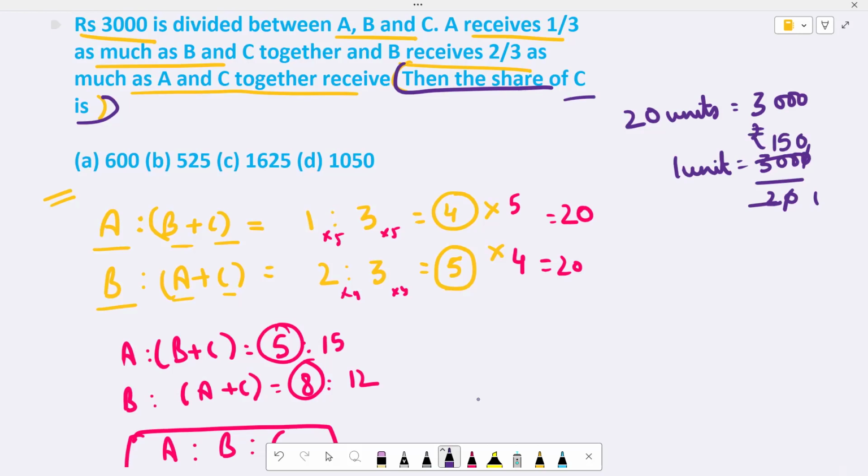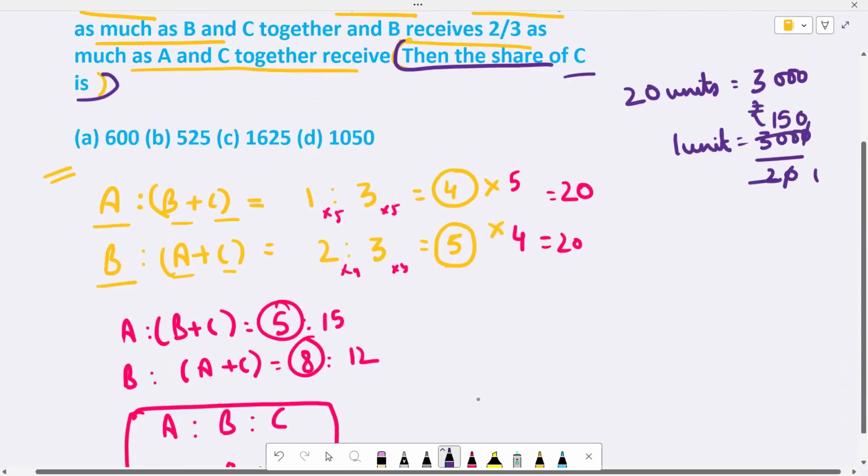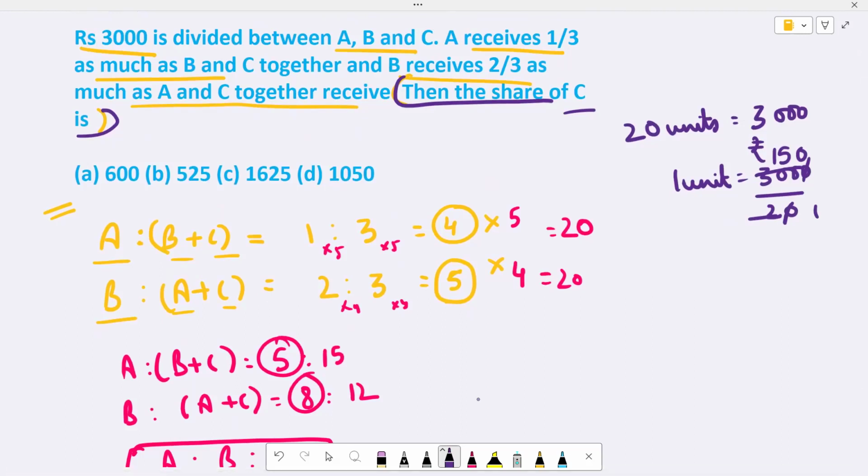They're asking the share of C, and C here has 7 units. So on multiplying 150 by 7, we get 1050. So this will be the answer. So rupees 1050 is the answer to this particular question.